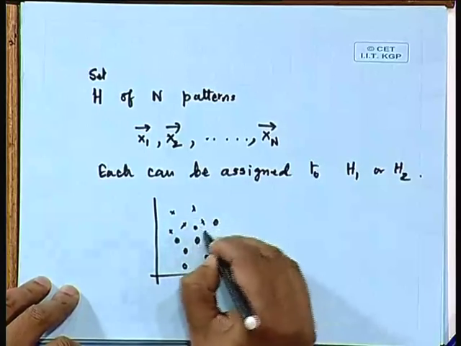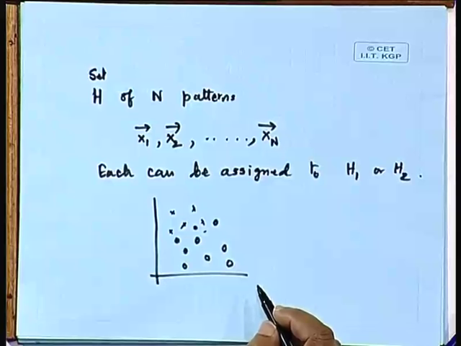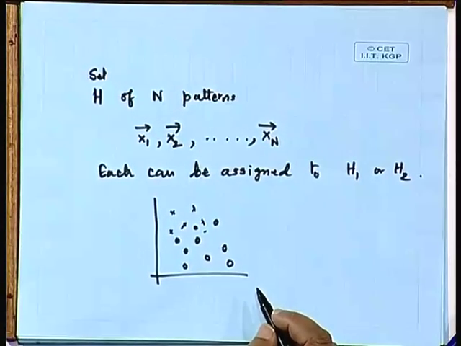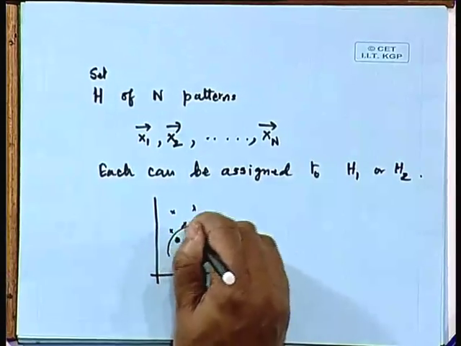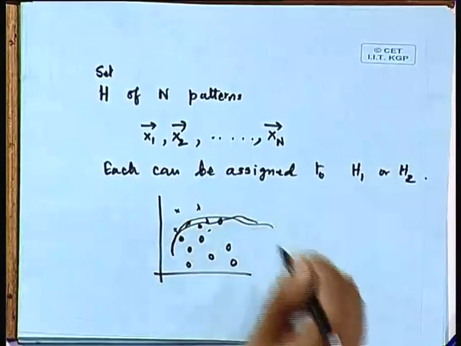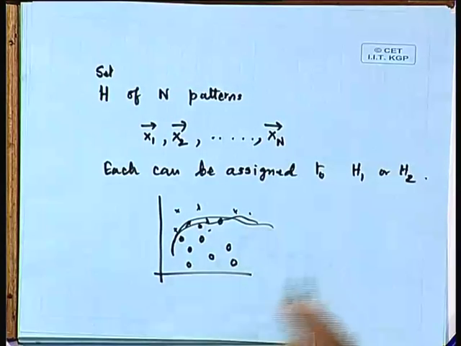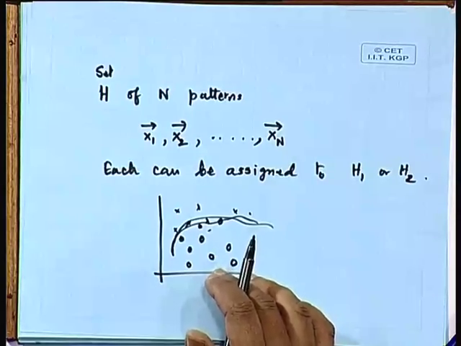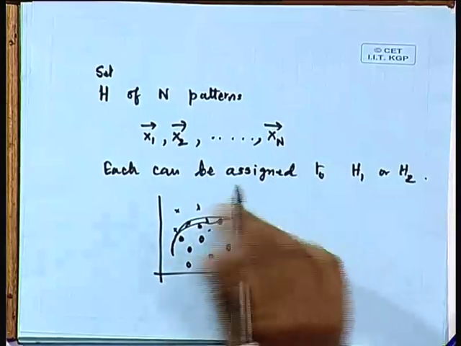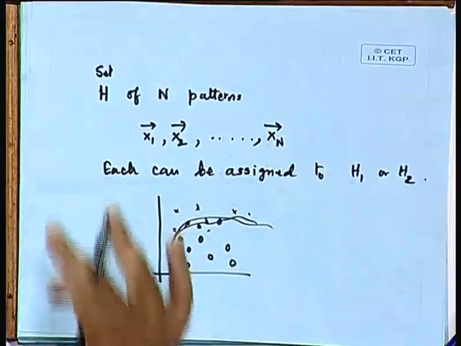And the thing is that if there exists a surface that separates the patterns, the surface may be like this, then we can say that this dichotomy, this set of binary patterns, is separable with respect to that surface.